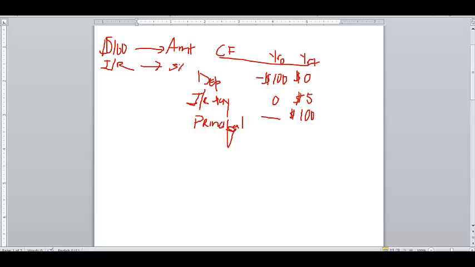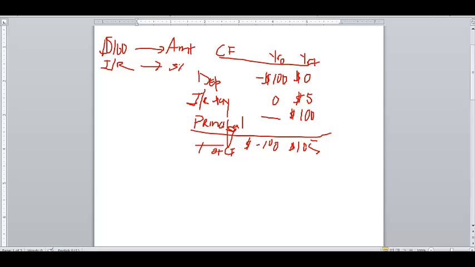That's year one. Now we can say your total cash flow is minus $100 and $105. That's pretty much the computation.